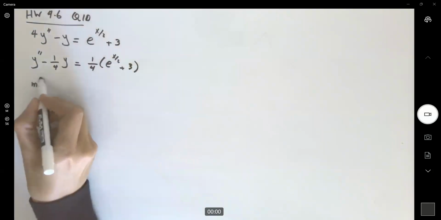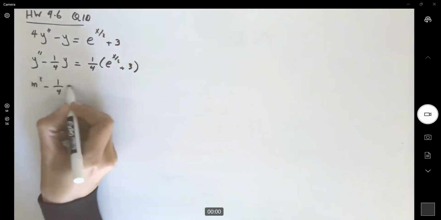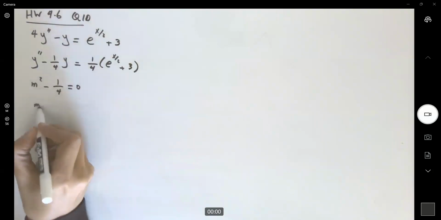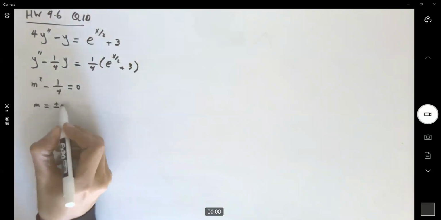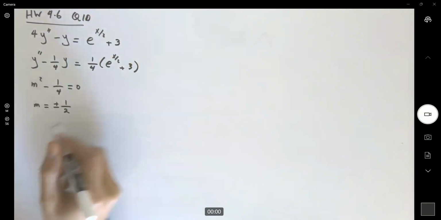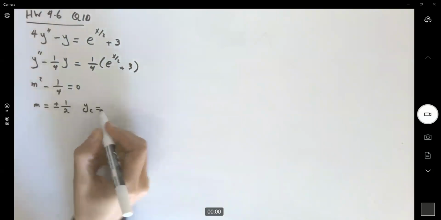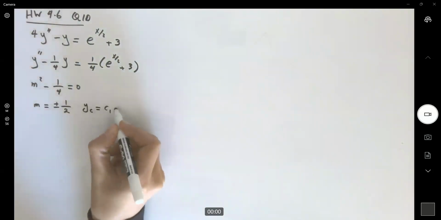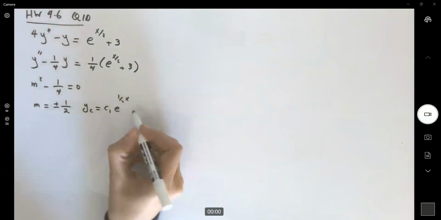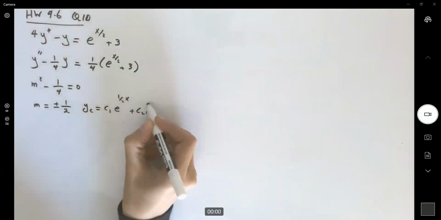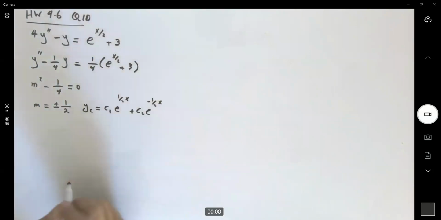So you get m squared minus a fourth equal to 0, so m becomes plus or minus 1 over 2. The complementary solution is c1 e to the power a half x plus c2 e to the power negative a half x.